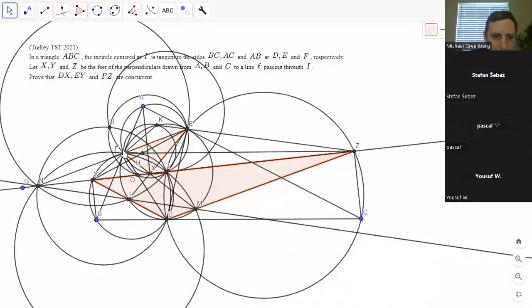Well, if we did define it to be the reflection, basically, this is a line passing through the center of the circle. So we would know, oh, I see.